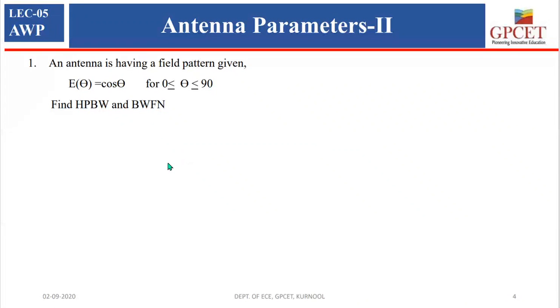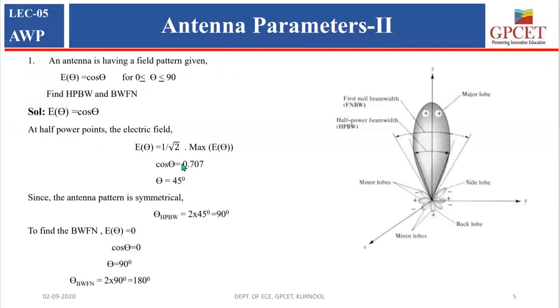Here you can see the solution. Please mute all of you. The given pattern is the field pattern, E of theta equal to cos theta, and theta varies from 0 to 90.